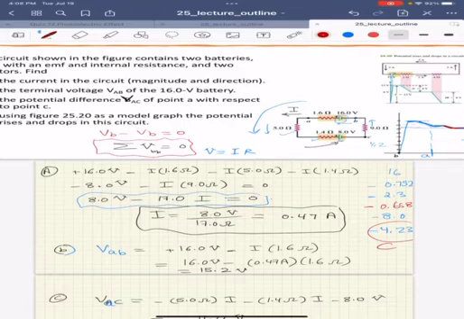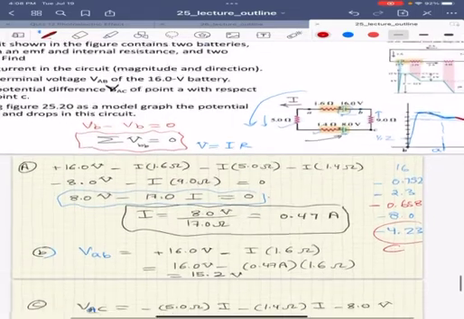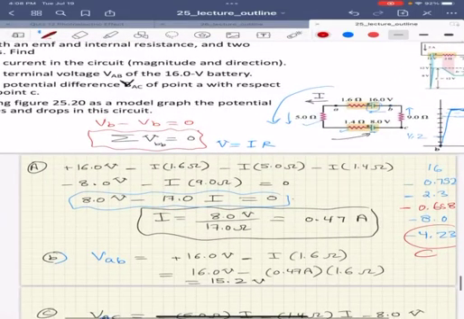Then minus I times 5.0 ohms, minus I times 1.4, and I continue through the circuit. When I reach the second EMF, I am going from positive to negative, so I have negative 8 volts. Now, the only unknown in this equation is I.